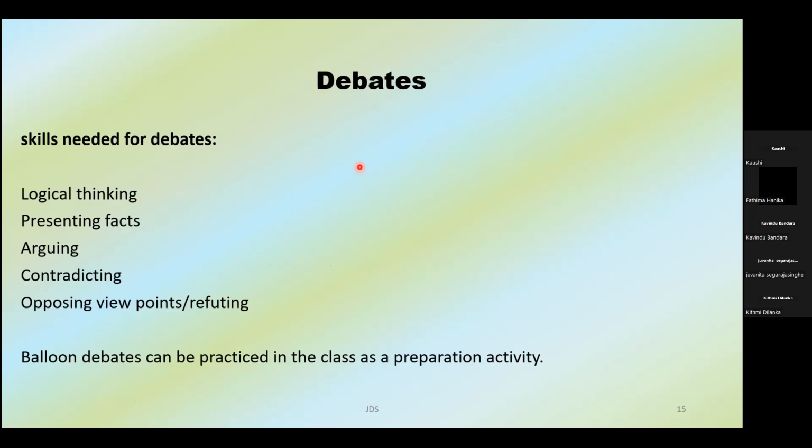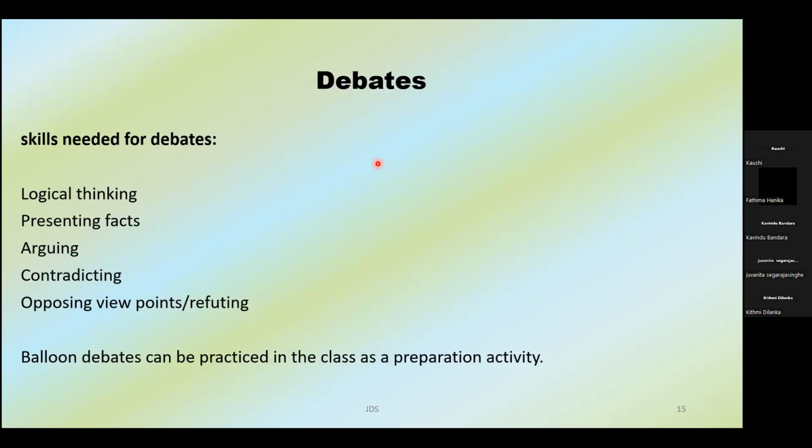You need to argue, you need to refute, you need to reason out your point of view. So there are so many higher order thinking skills apart from language: analytical, evaluating, logical thinking, all those higher order thinking skills get related to debates.